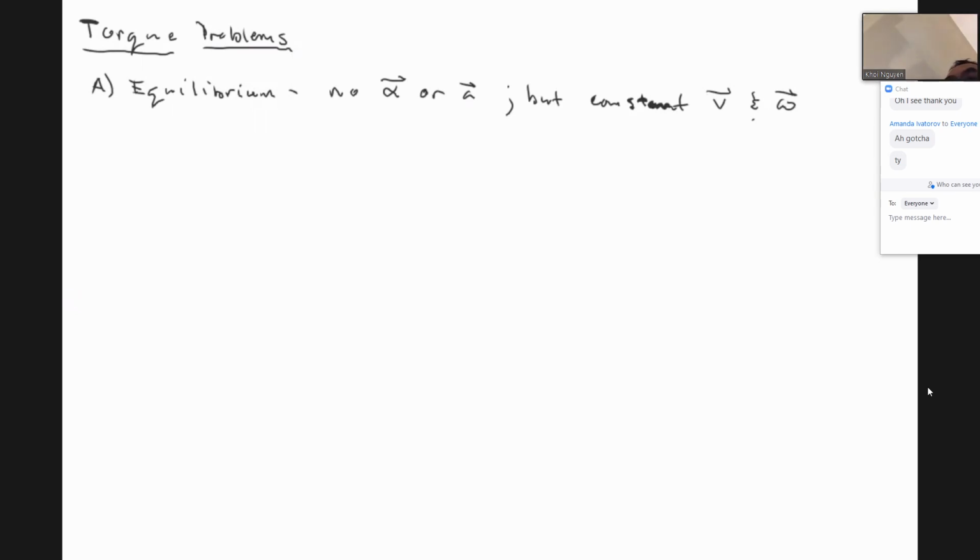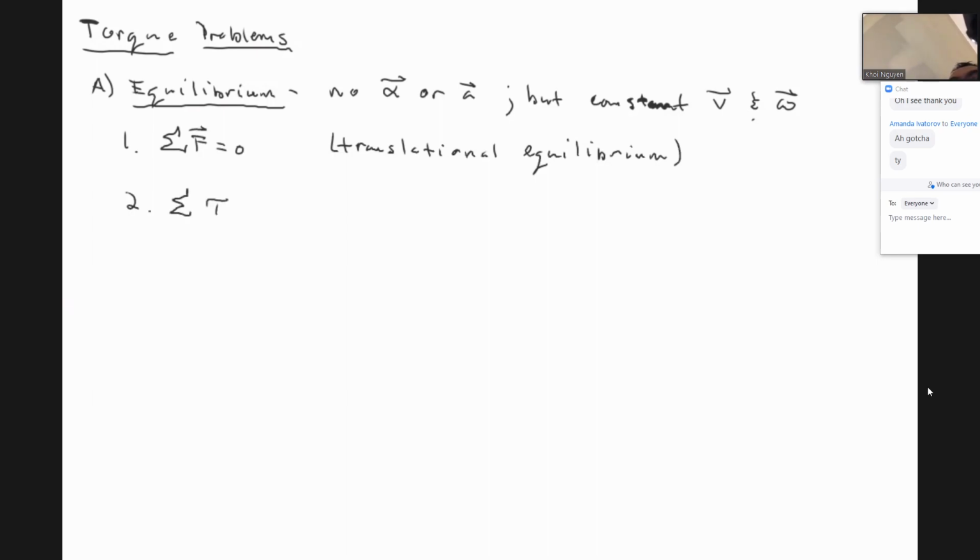The first type of equilibrium that you need to know is when the summation of all the forces is equal to 0. Last week we called this translational equilibrium. This is all our static type problems that we did last week. The second is the summation of torques.